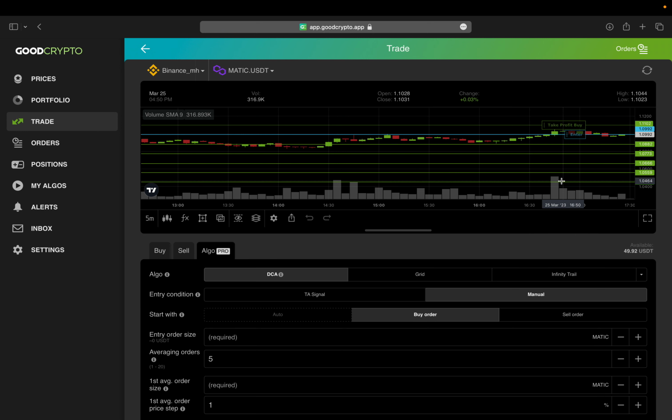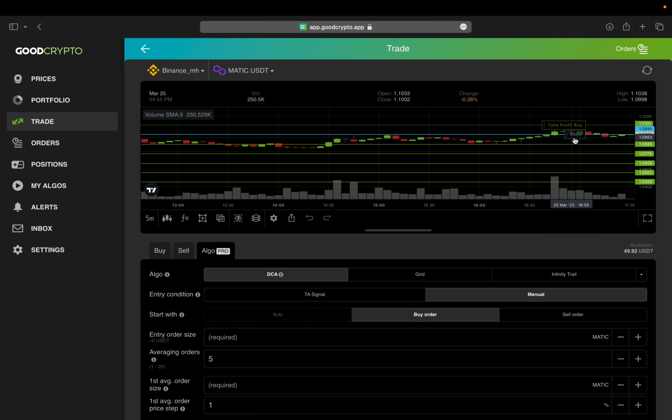Basically, dollar cost averaging your position size and price. So basically, you're making your average position price cheaper. And that's basically what DCA is for, right?